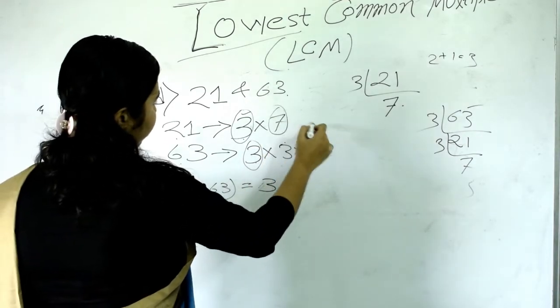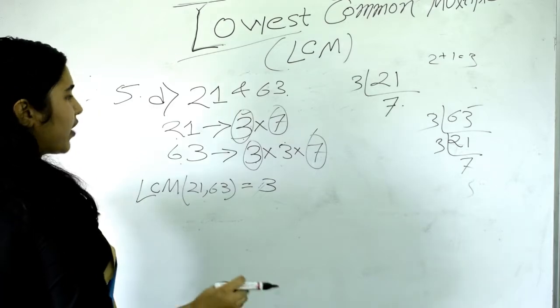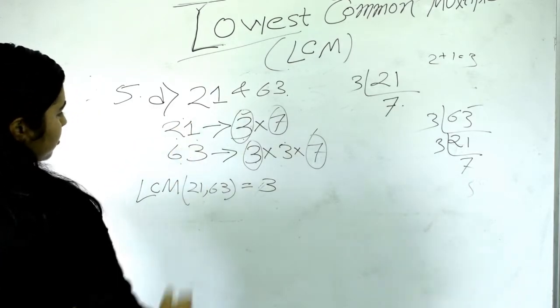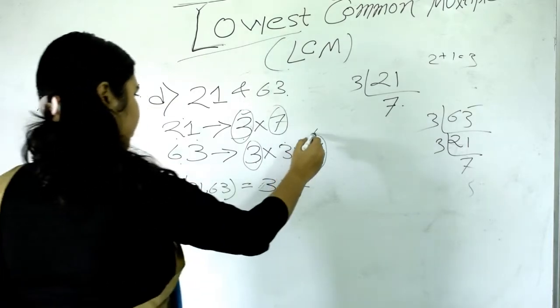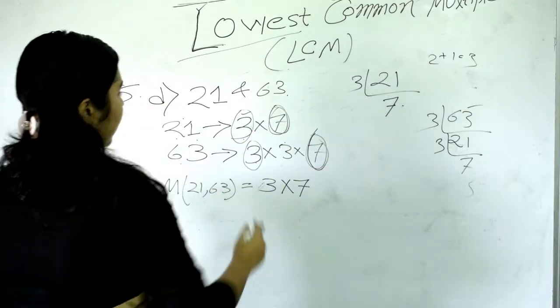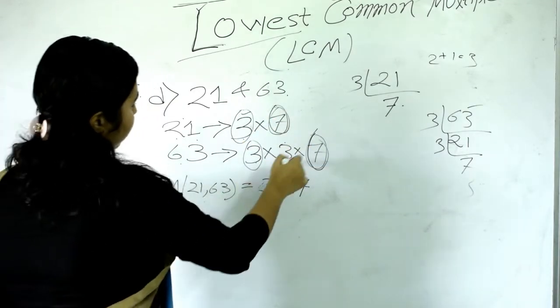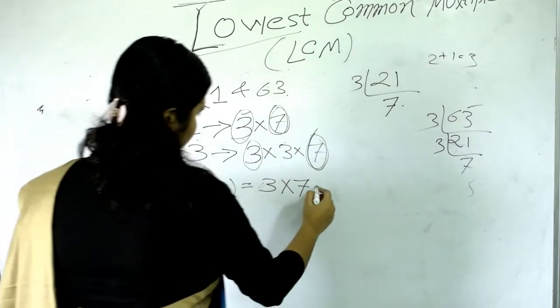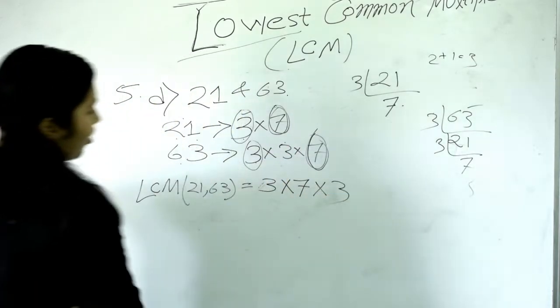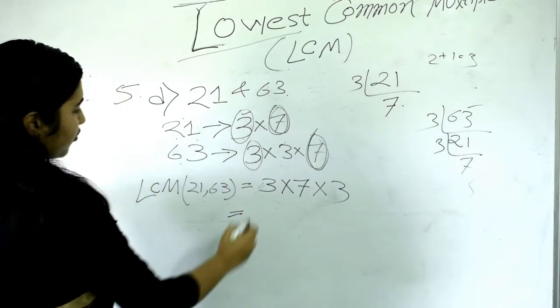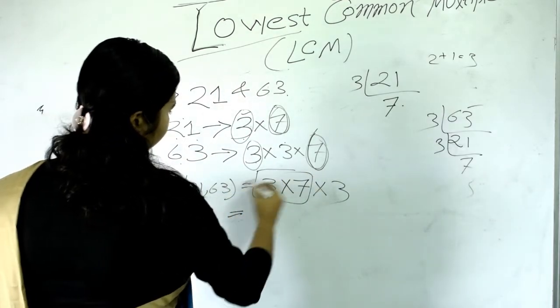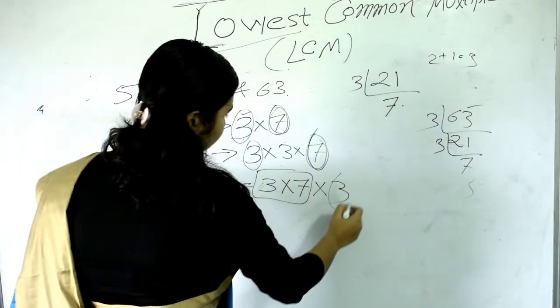And 7. 7 is also a common factor of 21 and 63. So then we have to take 7. Then we have to take the rest, which is here only one number 3. So first take the common factors and then take the others.